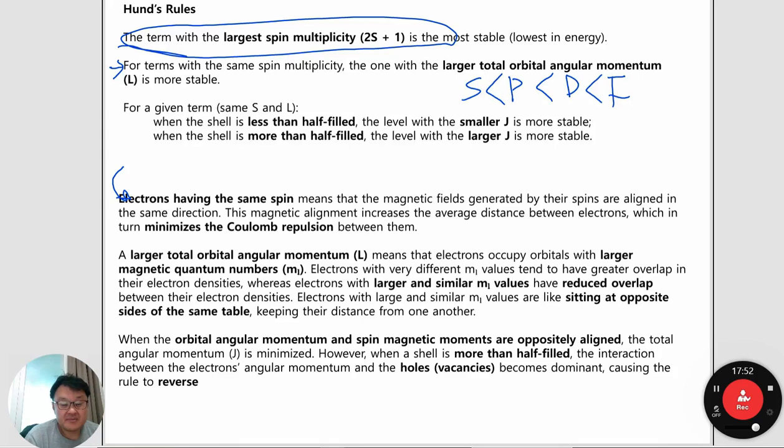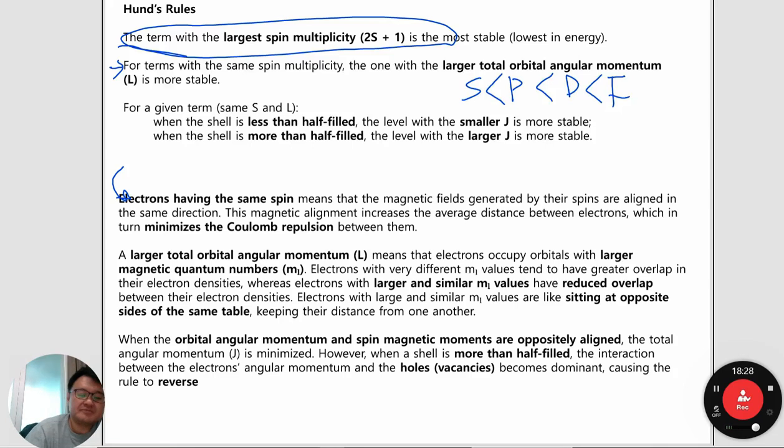This magnetic alignment increases the average distance between electrons. So you have 2 small magnets aligned along the same direction. Due to this magnetic coupling, the average distance will become larger. And this minimizes the Coulombic repulsion between them. The magnetic coupling of the electrons with the same spin increases the distance, but this actually decreases the Coulombic repulsion, and therefore the system becomes more stable.